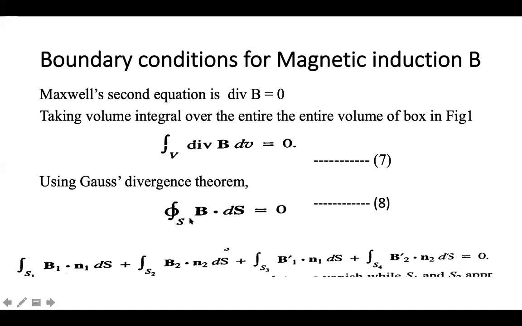We'll divide B into 4 components with respect to surfaces S1, S2, S3, S4, as we did for D. As h approaches 0, S3 and S4 will vanish. We have only S1 and S2.